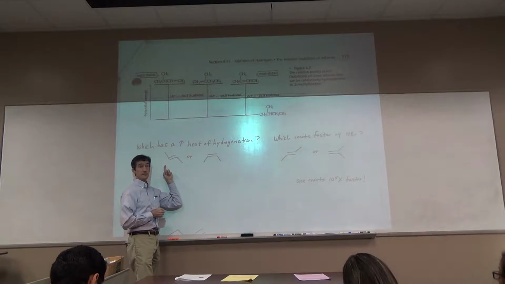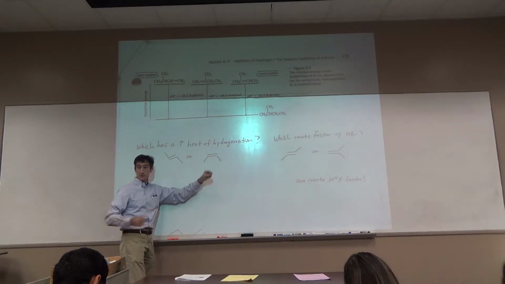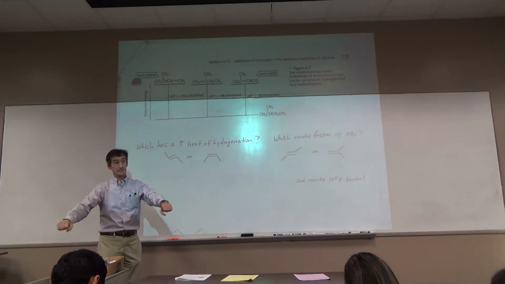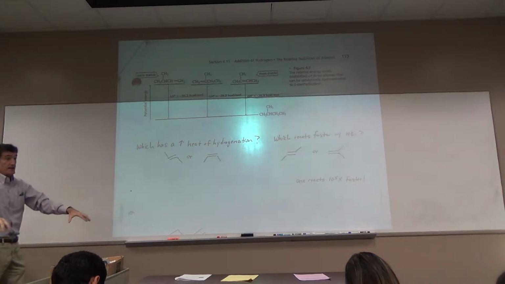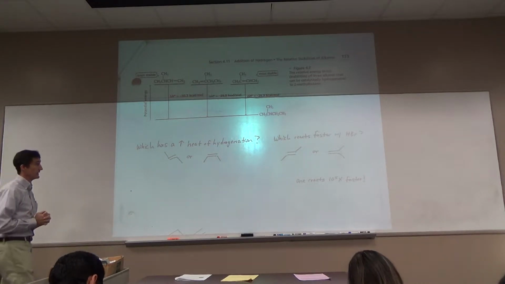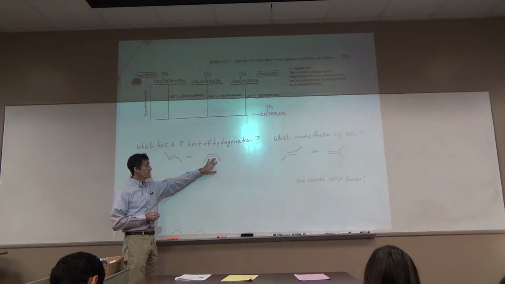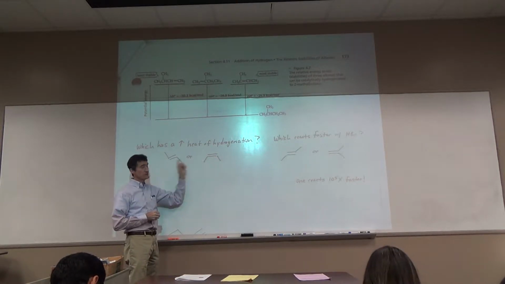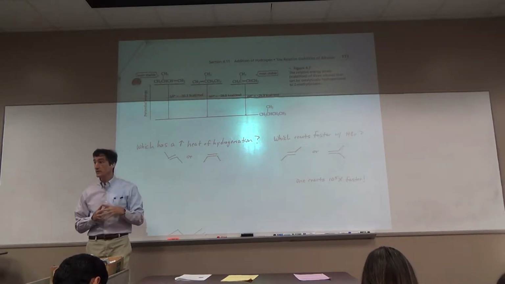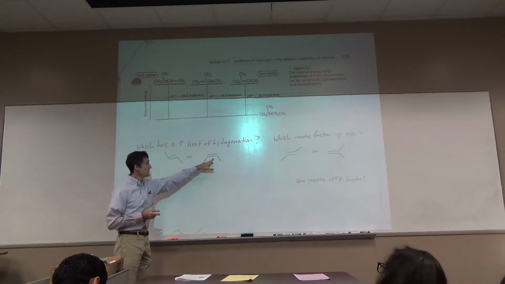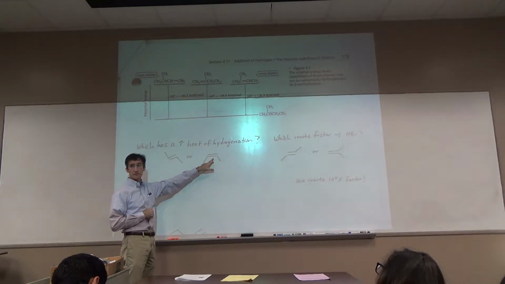Which one's higher in energy? Cis, because these groups are sitting there, I don't like being next to you, so that's high energy. When both of these are hydrogenated to butane, both become butane, but this one gives off more heat. It has a higher heat of hydrogenation.